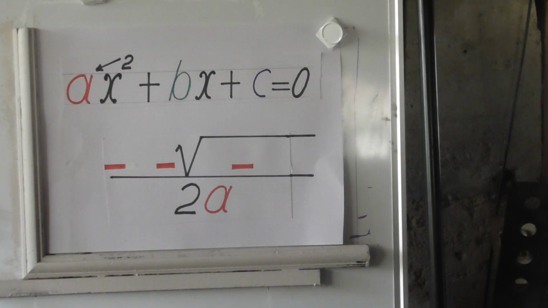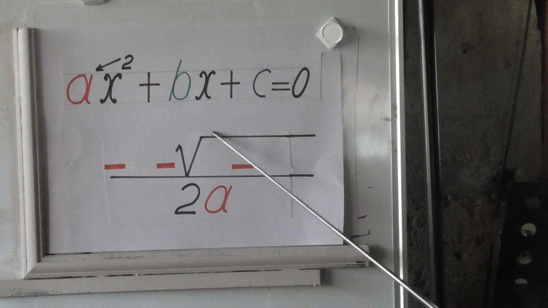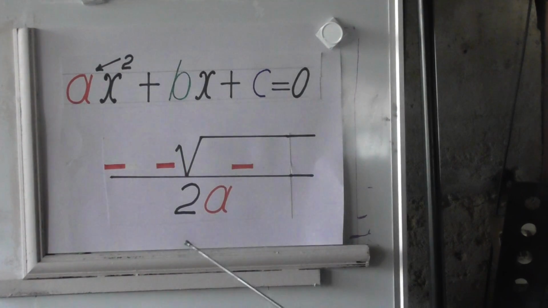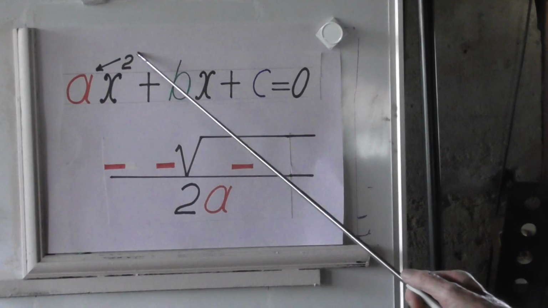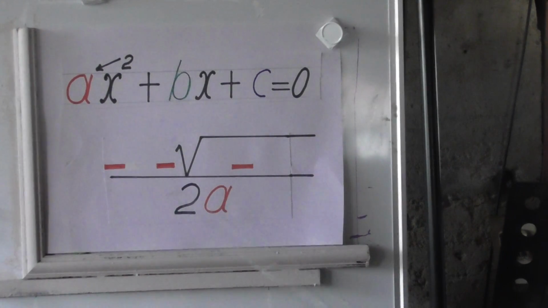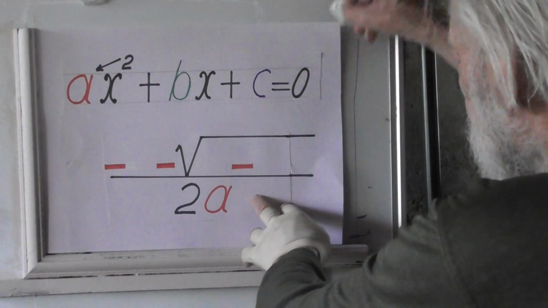So I give you a recipe, a way to remember. Line, square root, 3 negatives. That cannot be difficult. And your eye goes here, 2a. Well, that's a very good start. We're going to do the rest.